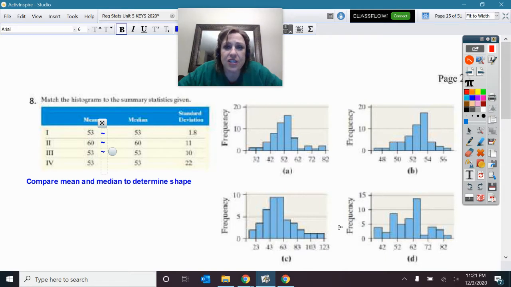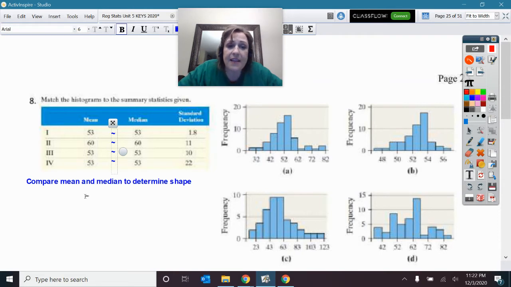This again shows you that real data isn't perfect, but these are considered somewhat symmetric, especially histogram C, which looks a little skewed right to me. I personally struggle with saying these are all symmetric, but according to this data set, they are close enough to being somewhat symmetric. All right.